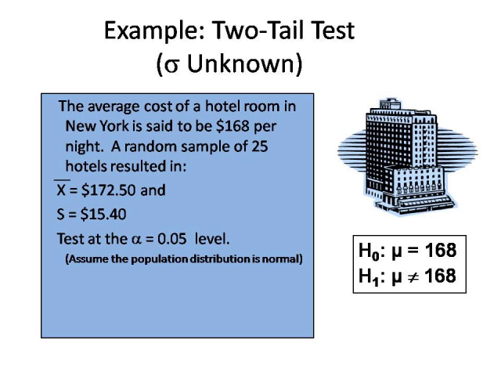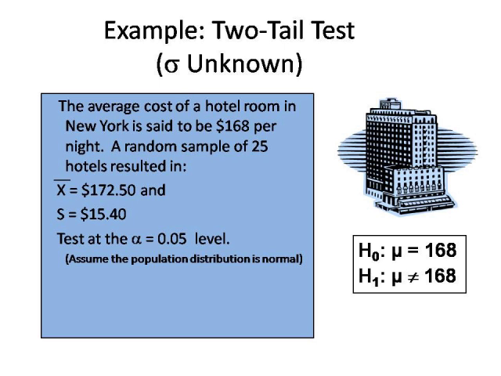We take a sample of 25 hotels. Our sample mean is $172.50. Sample standard deviation $15.40. We want to test the claim at 5%. There's no reference in this question to testing to see if it's above 168 or below. We're just looking to see if it's different. So it's an equals, not equals two-tail test.